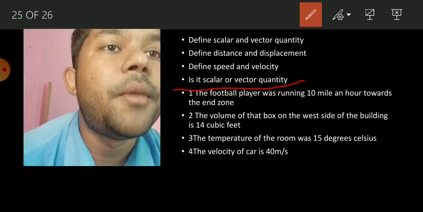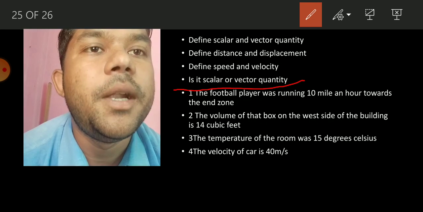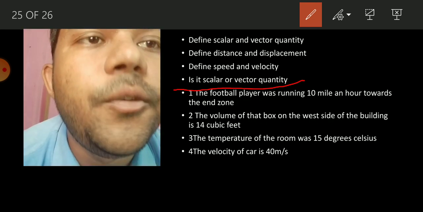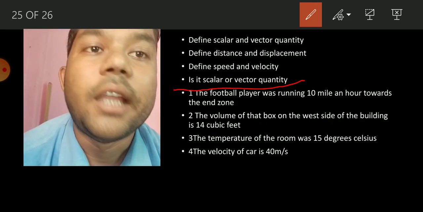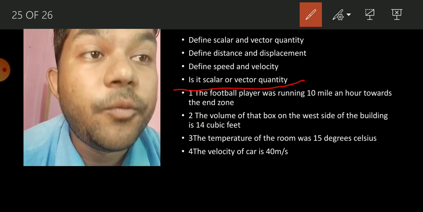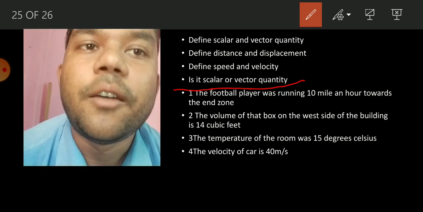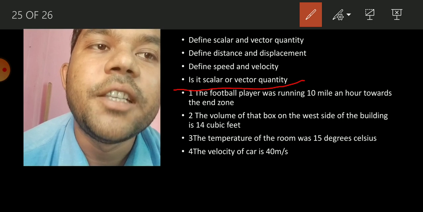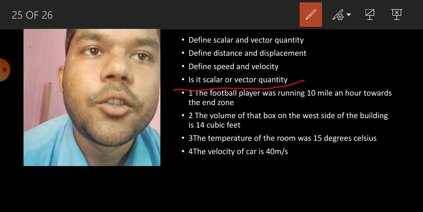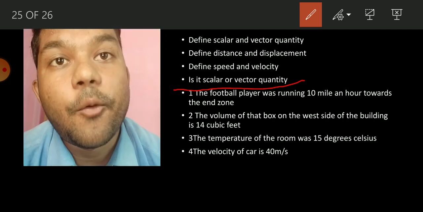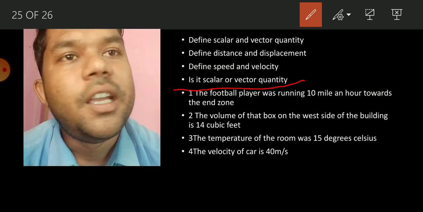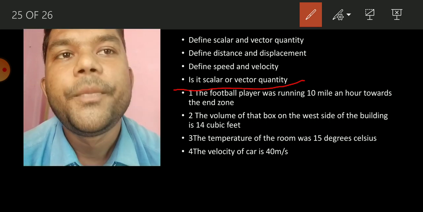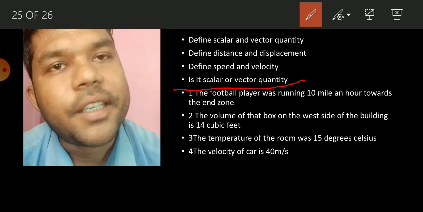Number 2, the volume of a box on the west side of the building is 14 cubic feet. Number 3, the temperature of a room is 15 degrees Celsius. And number 4, the velocity of a car is 40 meters per second. In these 4 questions, you have to identify whether it is scalar or vector. If it is vector, you should give the reason. If it is scalar, you should also give the reason.